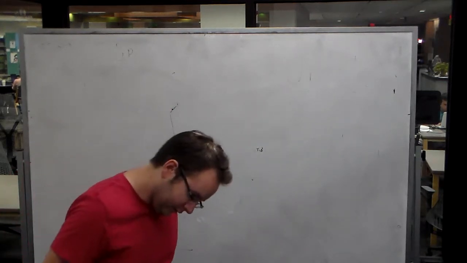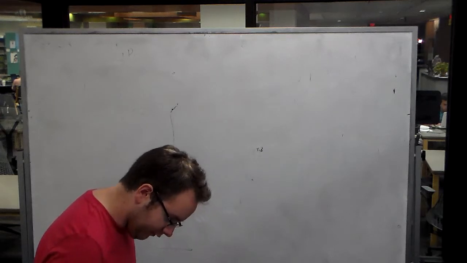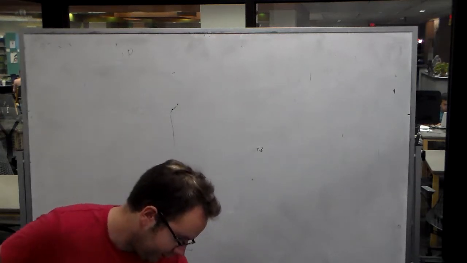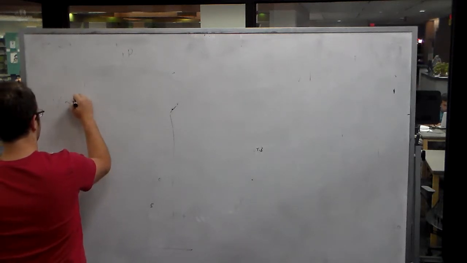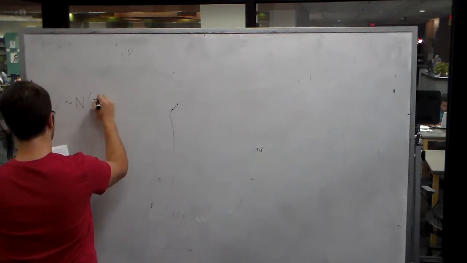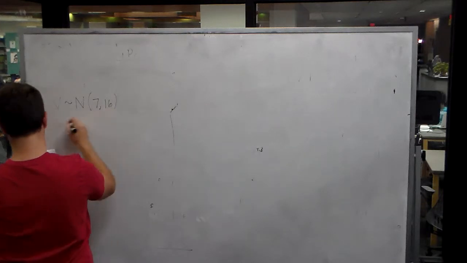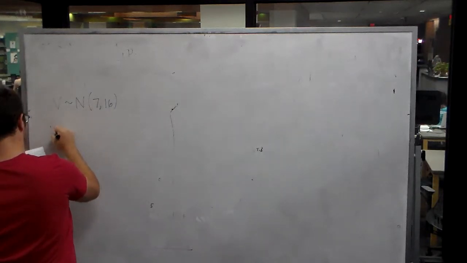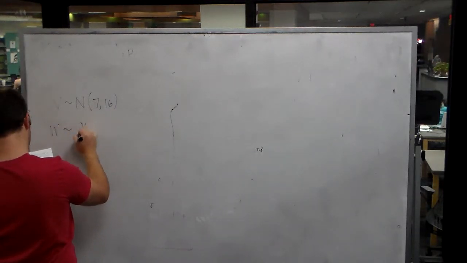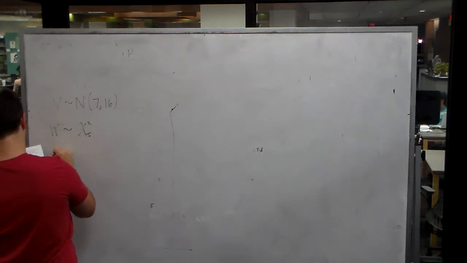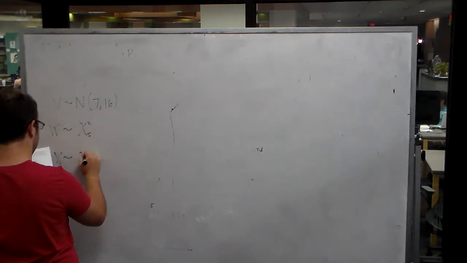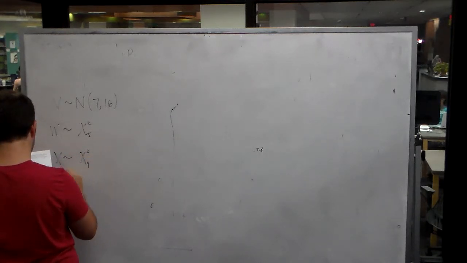Number 5. The following random variables are all dependent of each other. V is a normally distributed random variable with mean 7, variance 16. He likes that variance of 16. W is a chi-square distribution with 5 degrees of freedom. X is chi-square with 9 degrees of freedom.